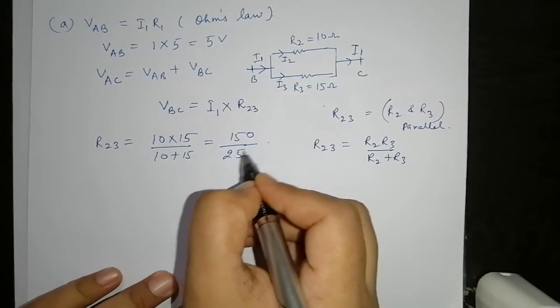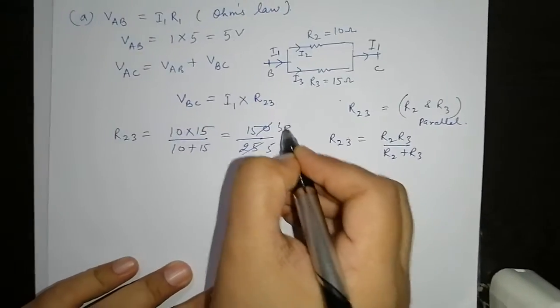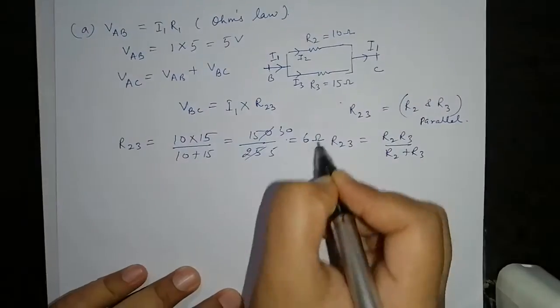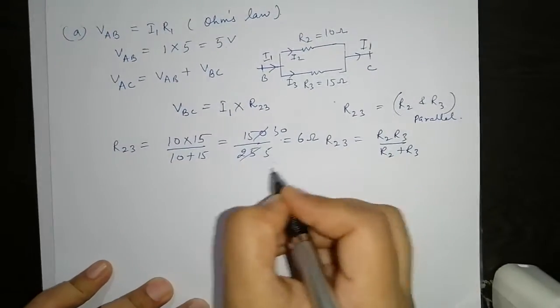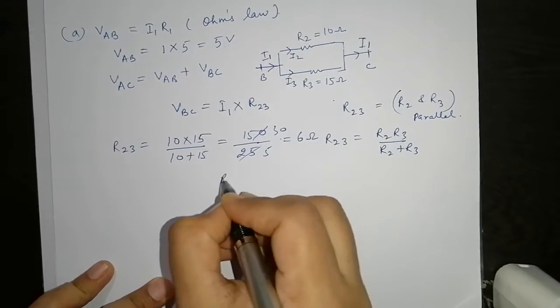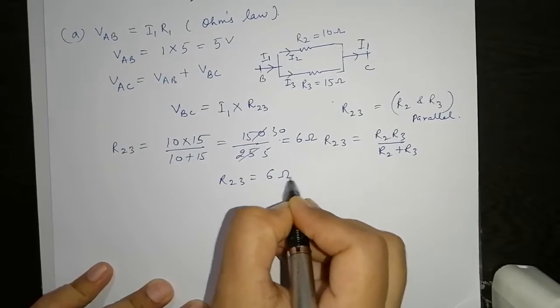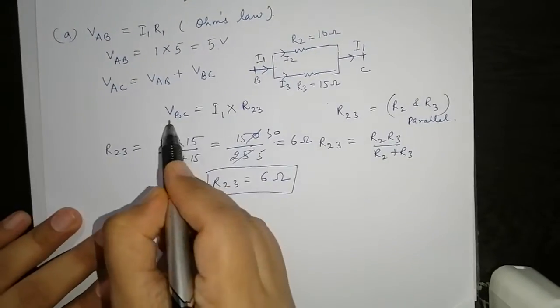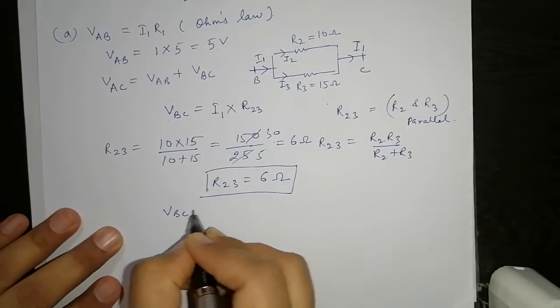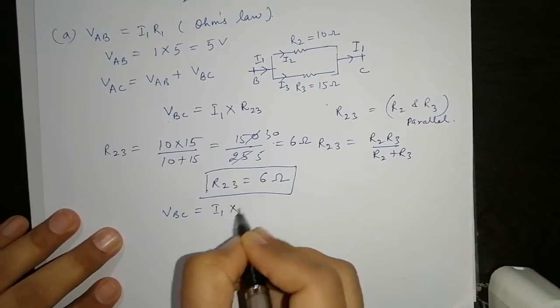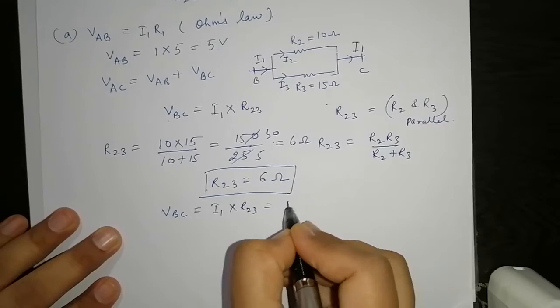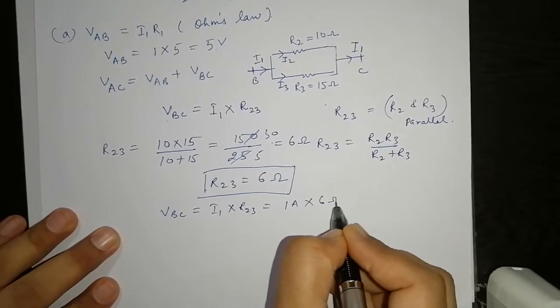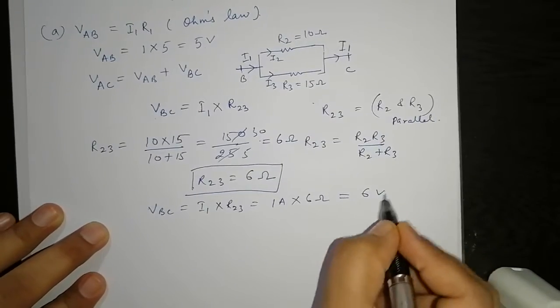So this comes out to be 6 ohm. So we have R23 as 6 ohm. So what will be VBC? VBC will be equal to I1 into R23, that is 1 ampere into 6 ohm, that is 6 volt.